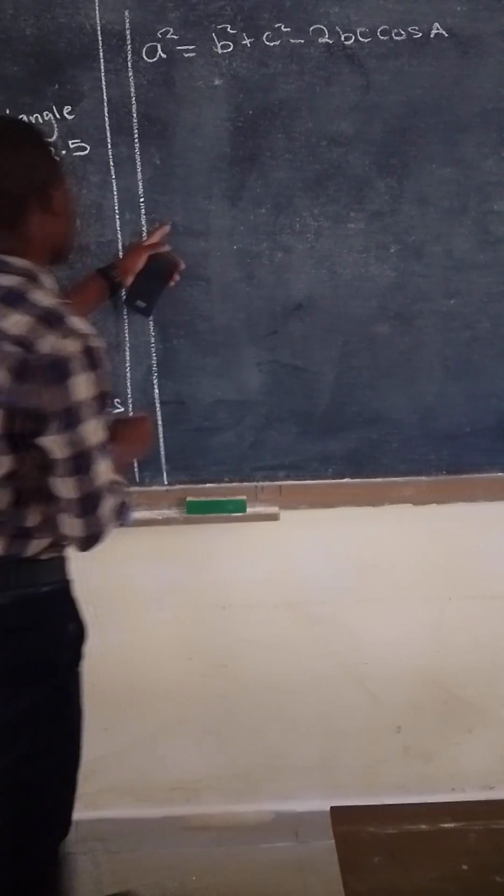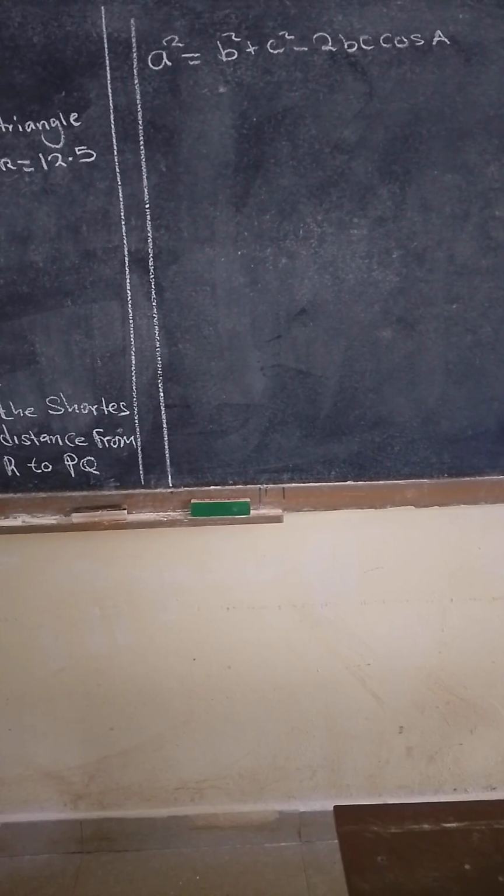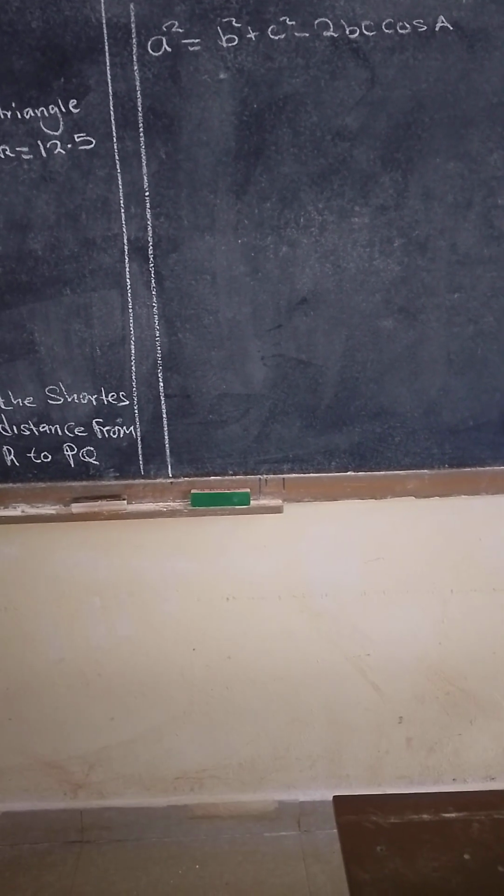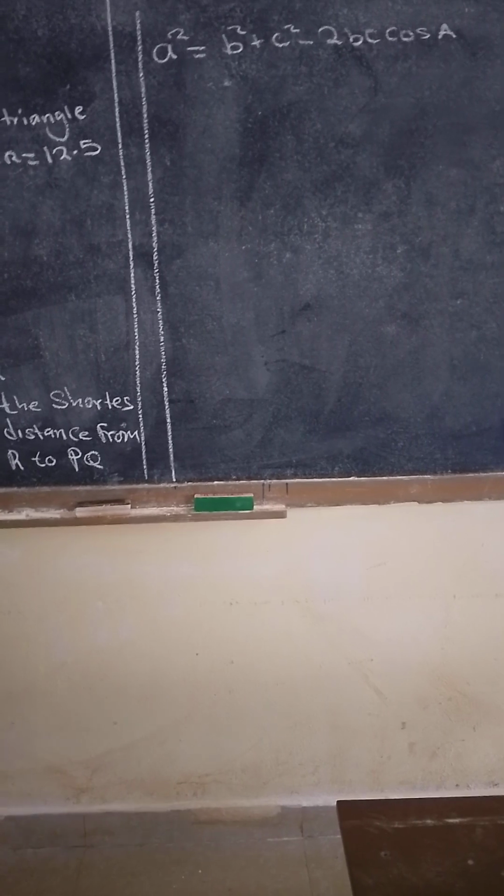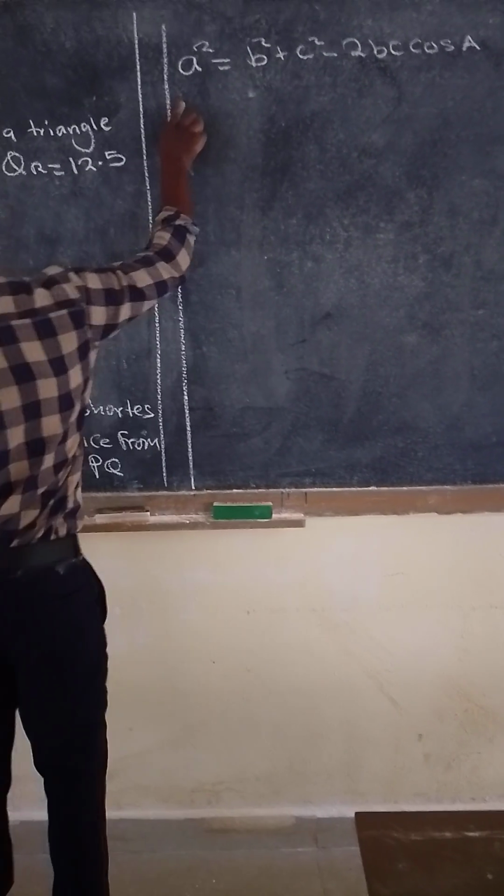In this case, we are not going to use A, B, and C, but the given sides. Where there is a, we are finding r.